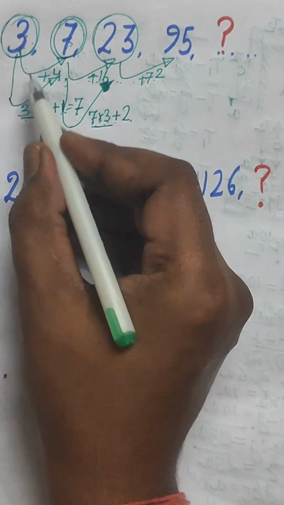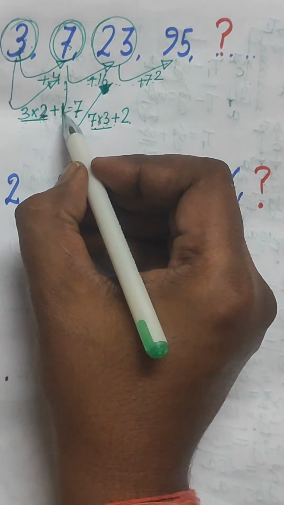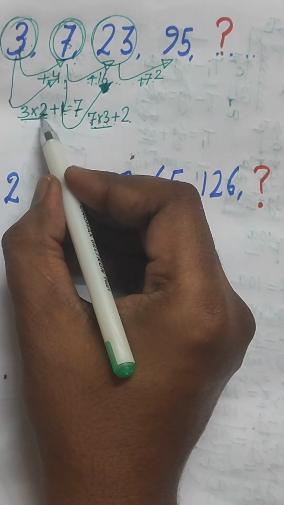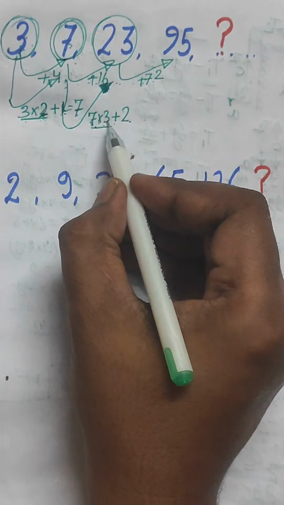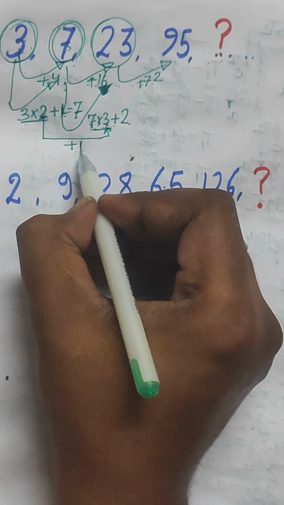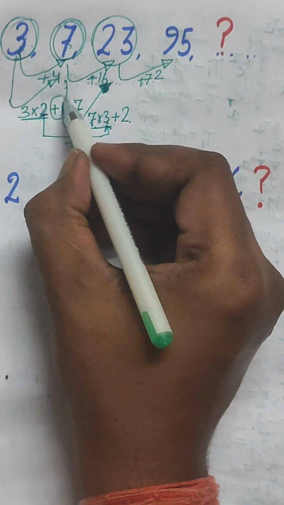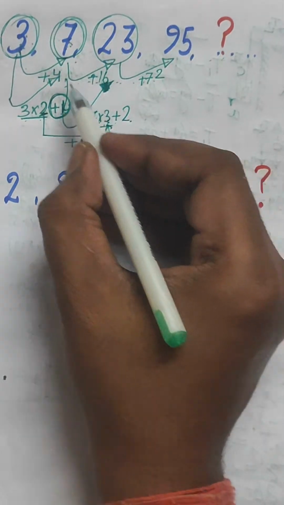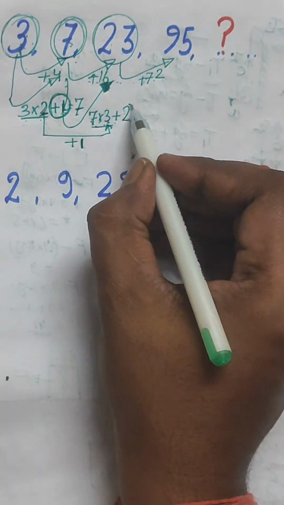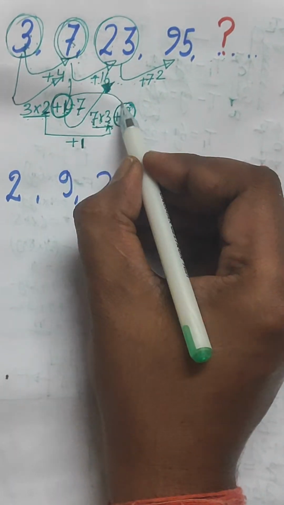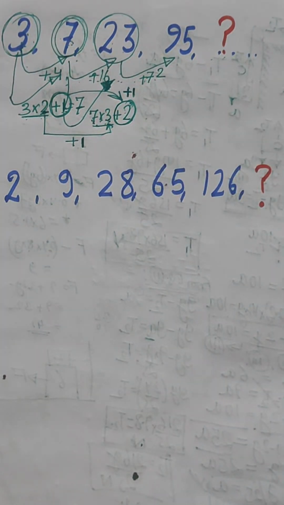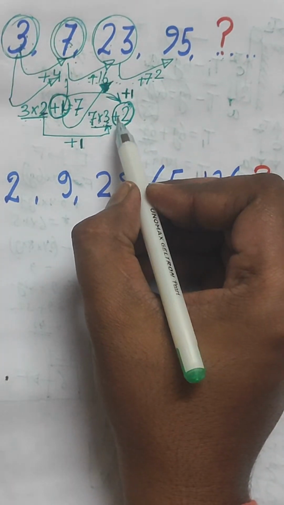If you multiply 3 by 2 and add 1, then you multiply 7 by 3 and add 2. From 2 to 3 the multiplier increases by one, and the added number goes from 1 to 2, also increasing by one. So the same logic will be applicable here.